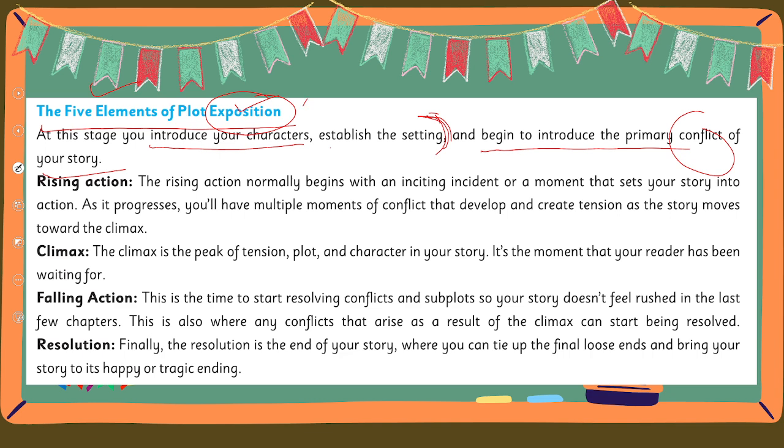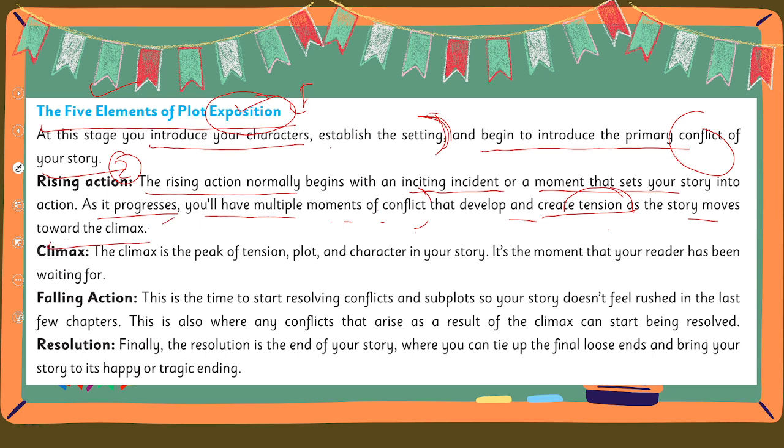Then number 2, we have our rising action. The rising action normally begins with an inciting incident. Something happens, a moment that sets your story into action. As it progresses, you will have multiple moments of conflict. There will be some problems with the good or bad forces or with the main character, and that develops and creates tension for the readers as the story moves toward the climax.